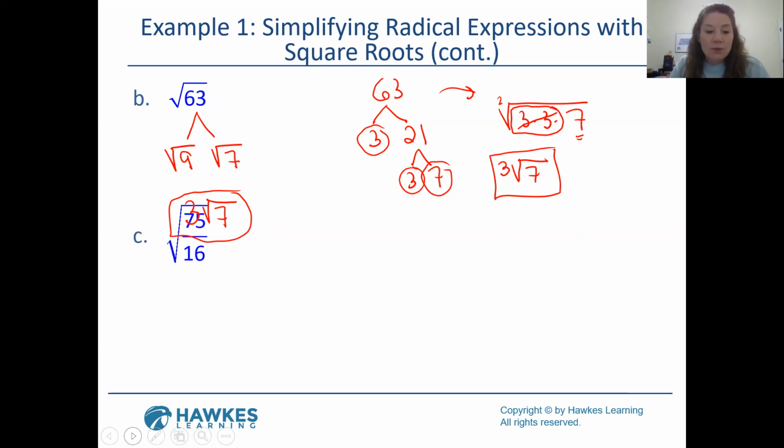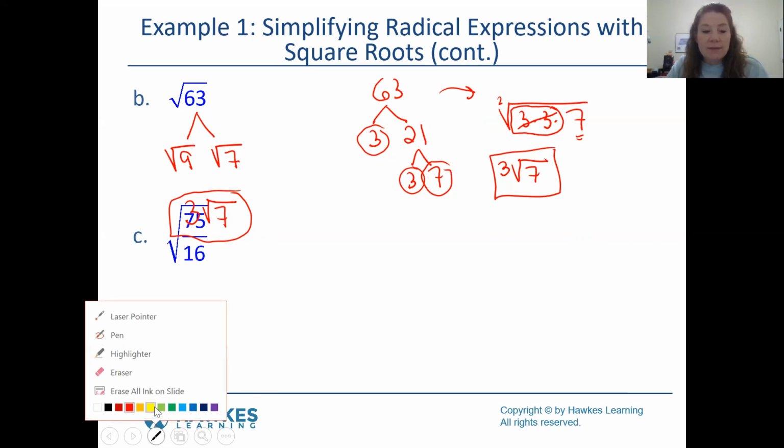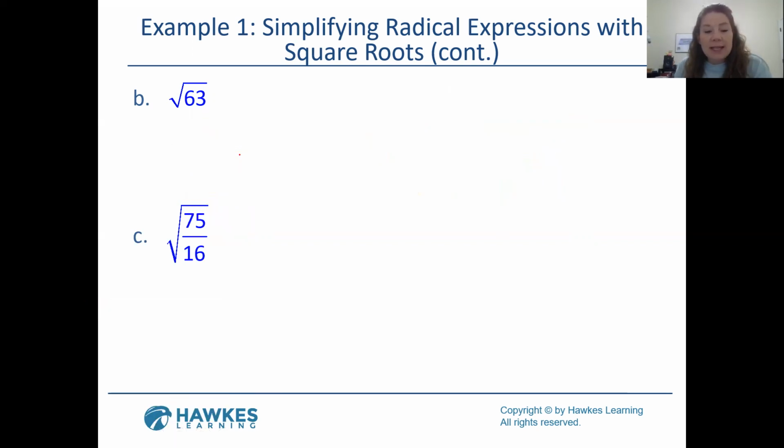All right. Ooh, let me erase all this stuff. All right, so like at the introductory slide, I showed you that we can take this fraction and we can turn it basically into a radical divided by a radical. Now, hopefully you realize, since you memorized the first 15 perfect squares, that 16 is a perfect square. And the square root of 16 is 4.